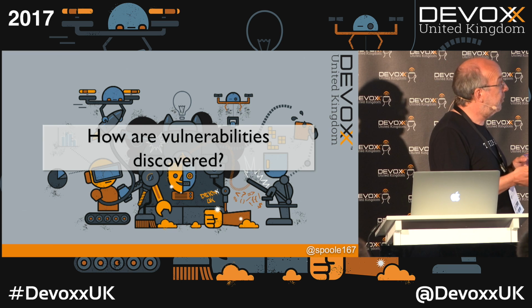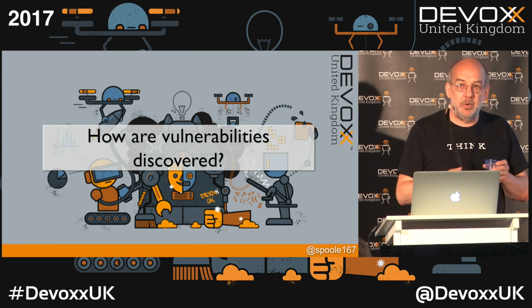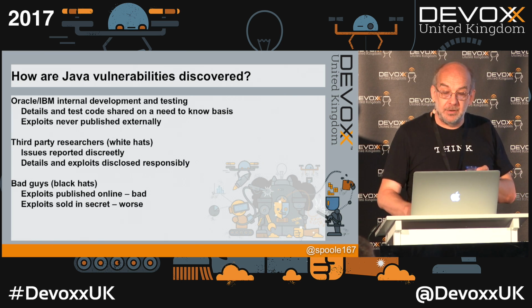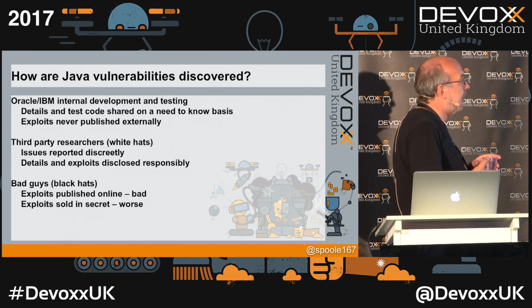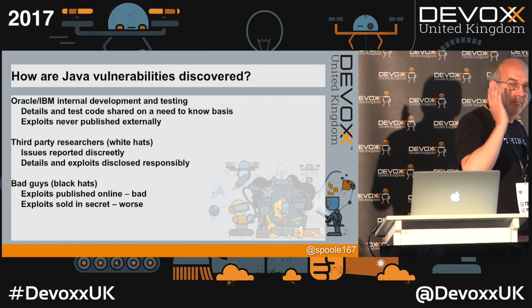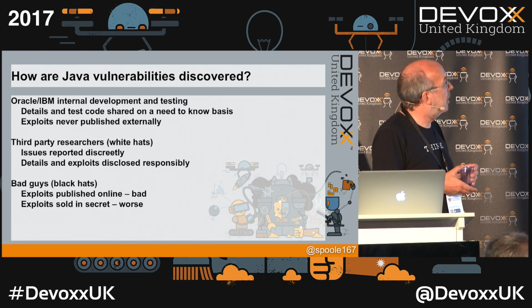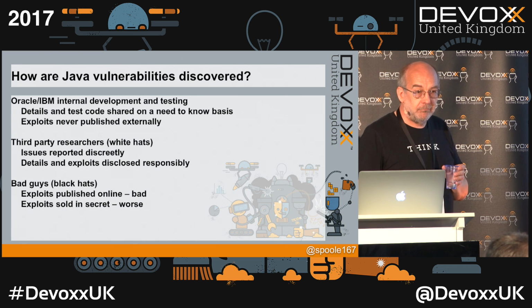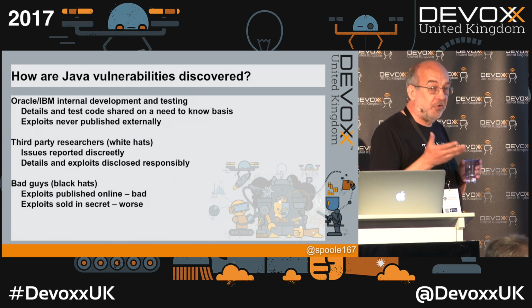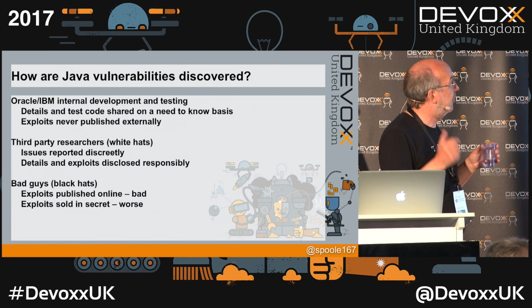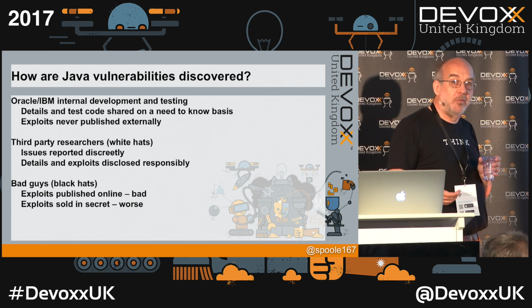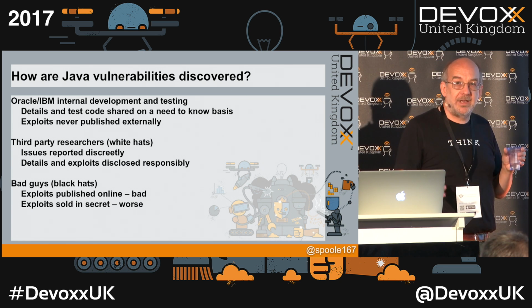How are they being found? Who is finding the vulnerabilities that are being fixed? At one level, it's basically large companies or product companies doing it. Third-party researchers. There are lots of good people out there, the white hats, who are doing it. They're finding these vulnerabilities and reporting them, because it's an important activity for everybody to do.